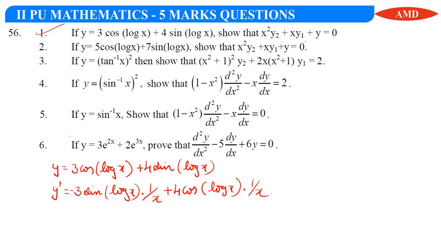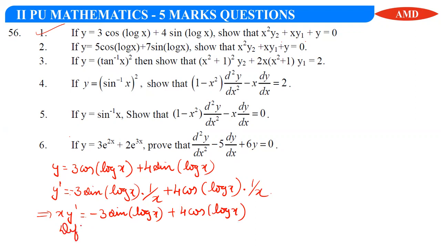The moment you see the denominator like this, 1 by x is common here, and then shift x to the other side, we get x into y dash is equal to minus 3 times the sine of log x plus 4 times cos of log x.